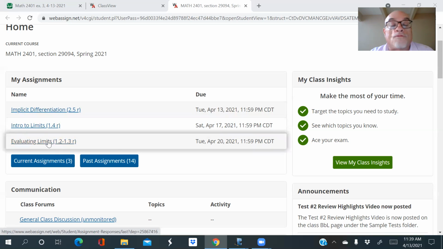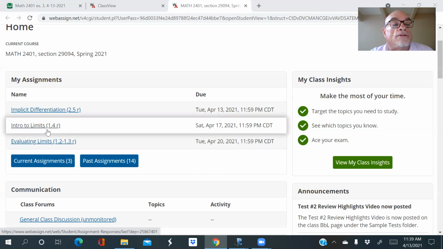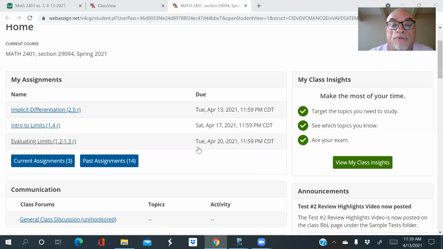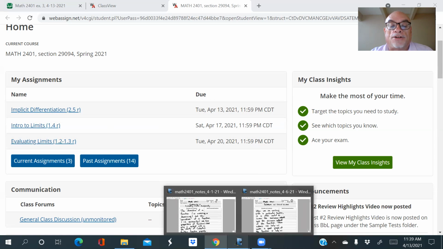And then we'll talk more about evaluating limits today. Actually, we'll make it a little bit easier than we started with today. And then there's another homework on that, which is due not till next Tuesday. So I was trying to move those back out of the way so you'll have time, between now and Thursday, to do your test, right?